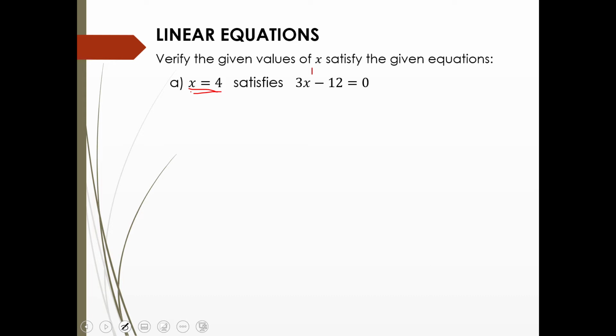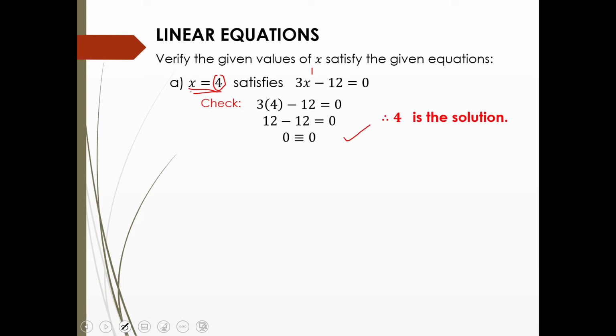We will substitute the value of x, which is 4, in the equation. So 3 times 4 minus 12 equals 0. 3 times 4 is 12, minus 12, and 0 is equal to 0, meaning the left side is equal to the right side. Hence, 4 is the solution of the equation 3x minus 12 equals 0.